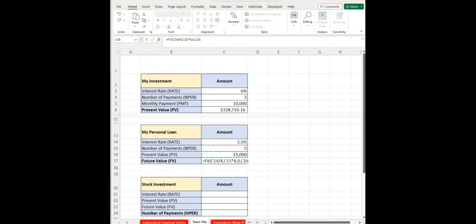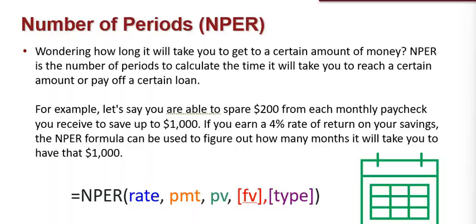But since it is an outgoing payment, I'm also going to include the negative sign right before C16. And I'm going to close my parentheses and hit enter. And this is going to be my loan amount that I'm going to be paying off after 5 years.